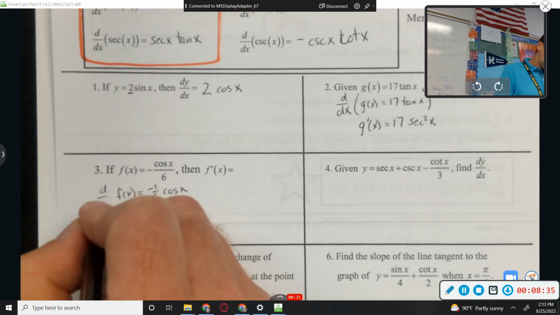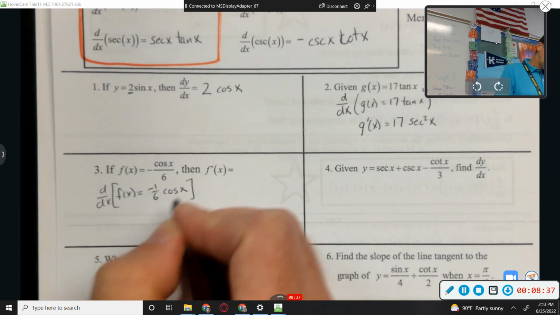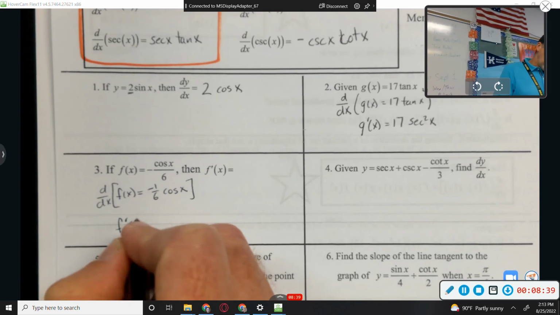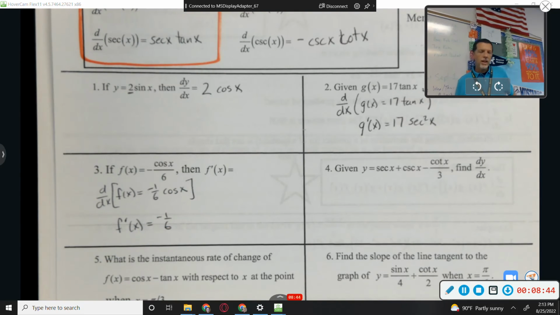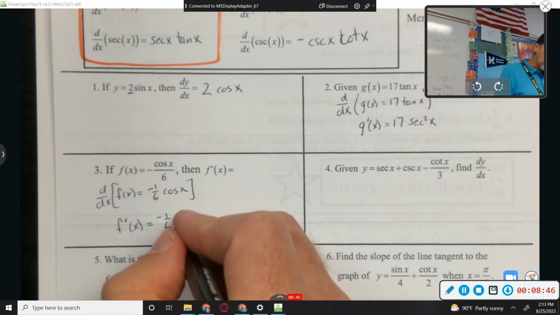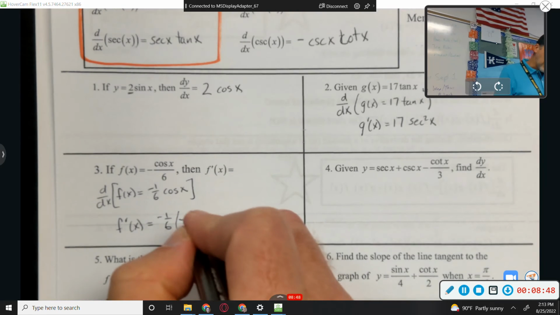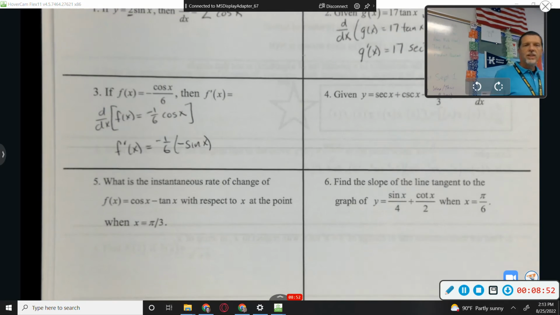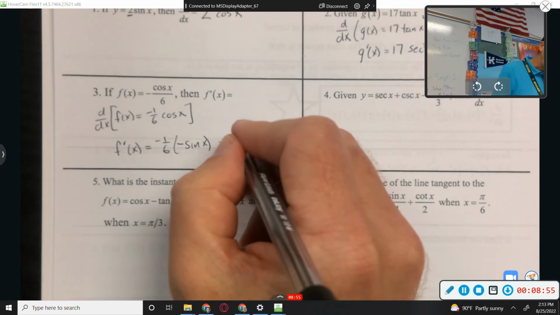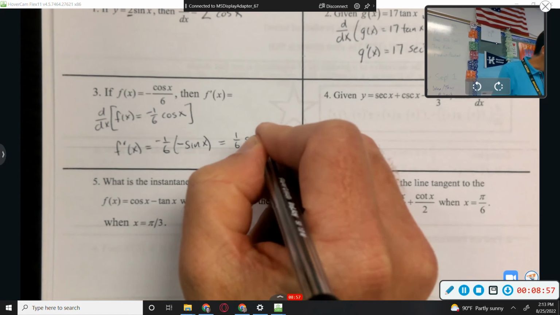I want to take the derivative of, so the negative 1/6 is just along for the ride. The derivative of cosine is negative sine, and you could leave that as an answer, the 2 negatives in there, but I would clean that up. 1/6 sine of x.